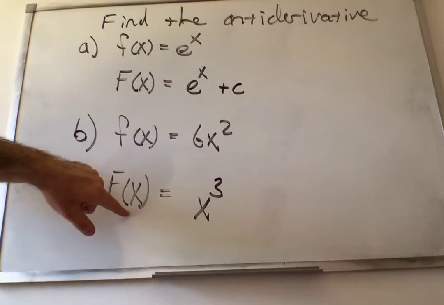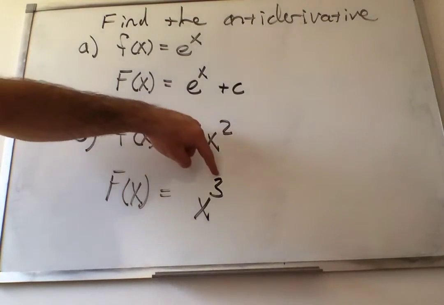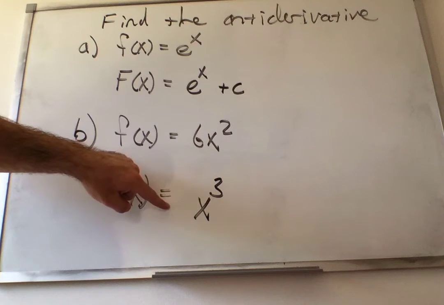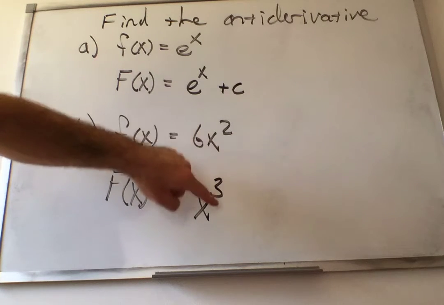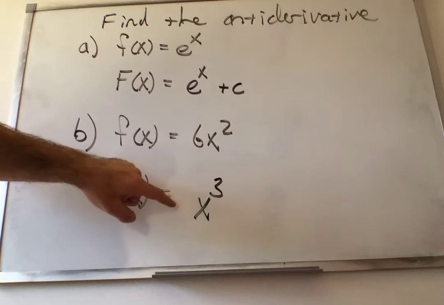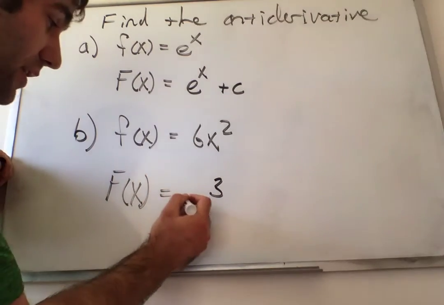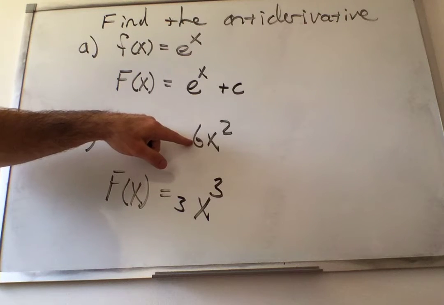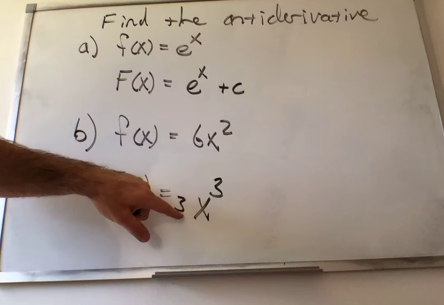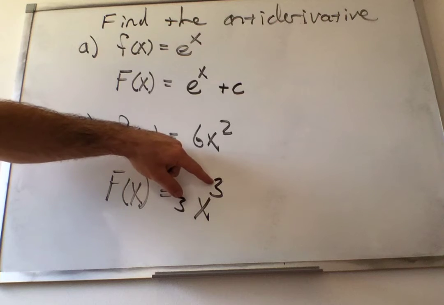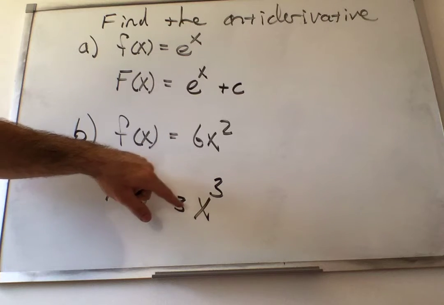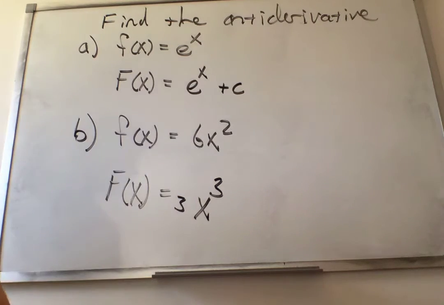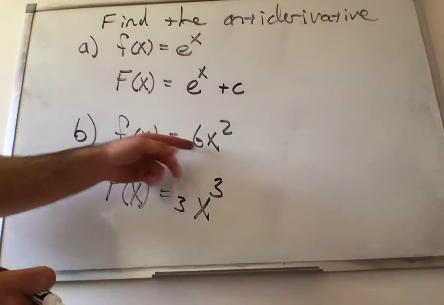Now, if I were to take the derivative of this, I would take the number, multiply it out front, and then I'd drop 1 power. So that's how I get the x squared, but there would be a 3 out front here. But there's a 6 out in front here. So if I were to take the derivative of this thing, the power would come out front, multiply it with what number to give me 6? What times 3 gives you 6?